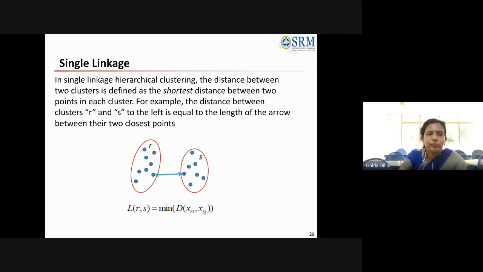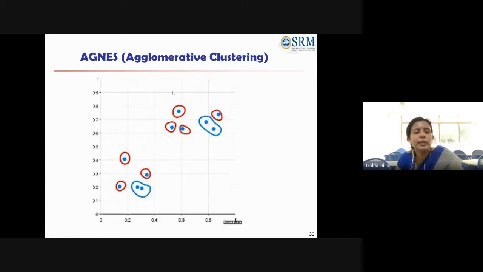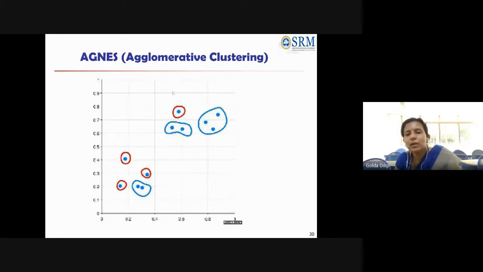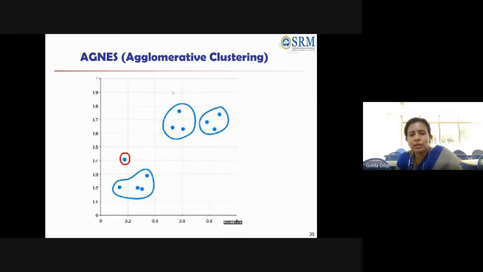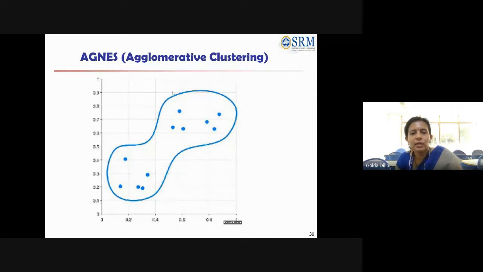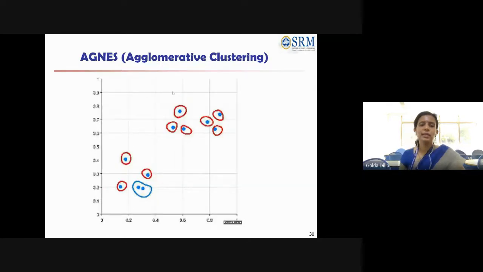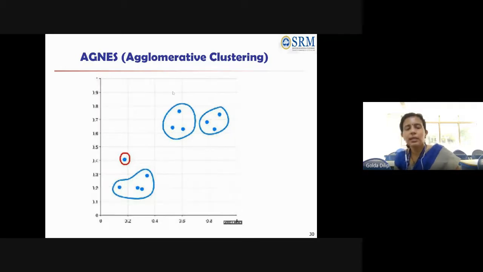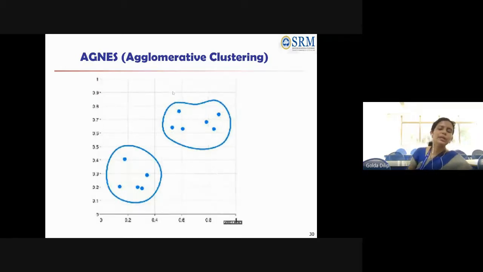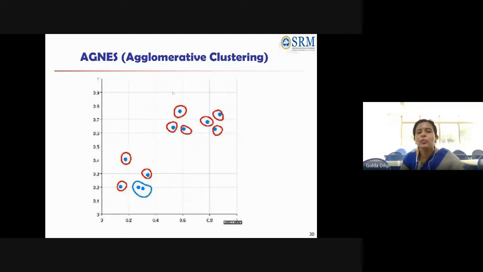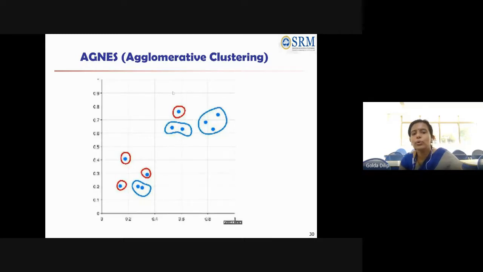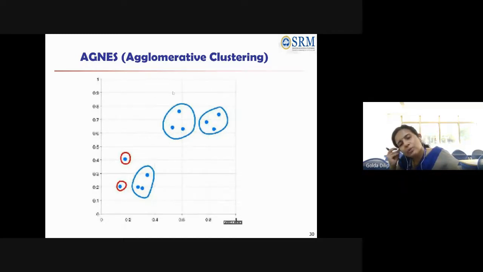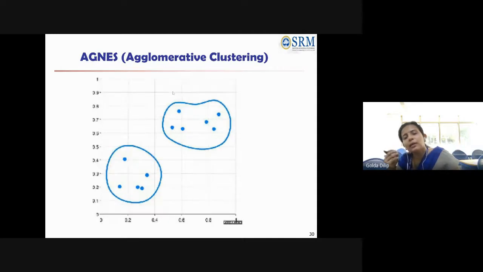Coming to agglomerative clustering, you can see here an animation for it. Initially it starts with each data point, each sample point, in its own cluster. Then the samples which are close by start getting merged.